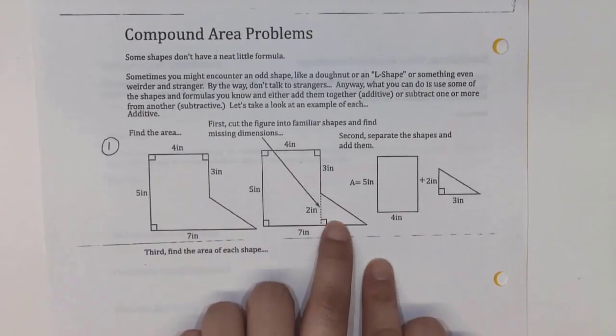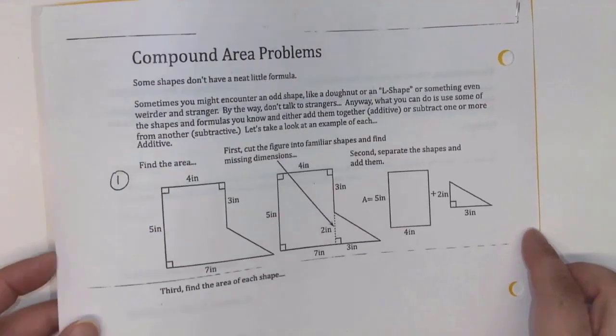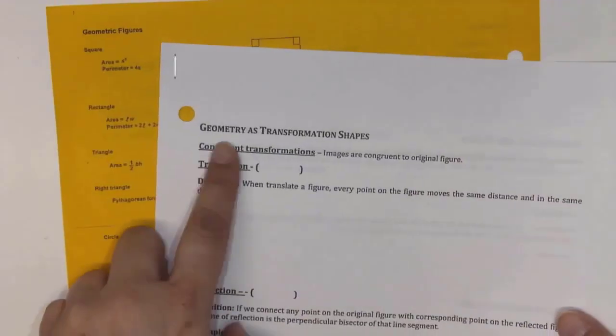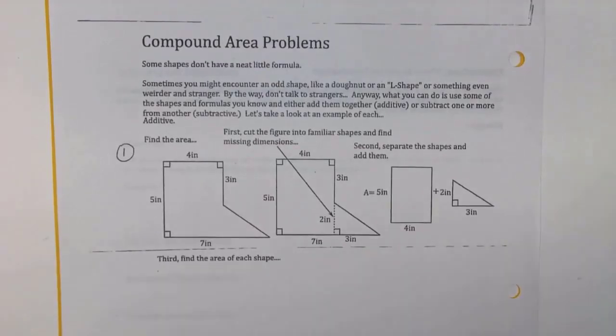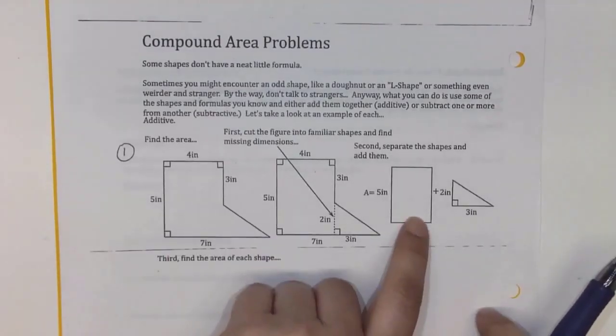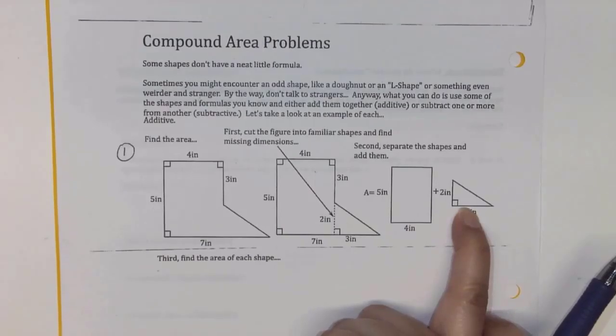And then outside here has an extra triangle, right? So this is the handout from today that you should have picked up, and it's a transformation, right? Just on the very last page, because you have homework questions like this, so I want to talk about this first. When you have a compound area like that, you may need to cut it into parts here. So you're trying to find the area of this rectangle plus the area of this triangle.